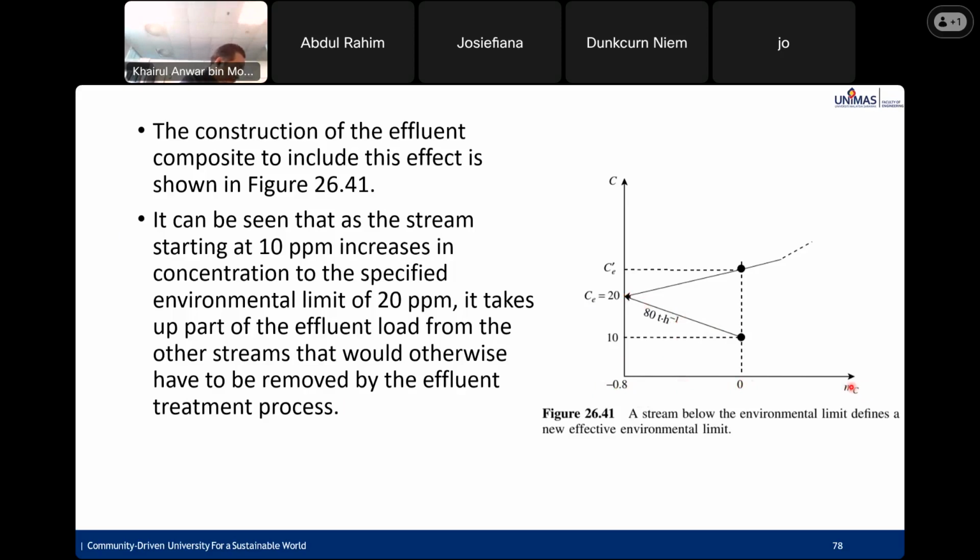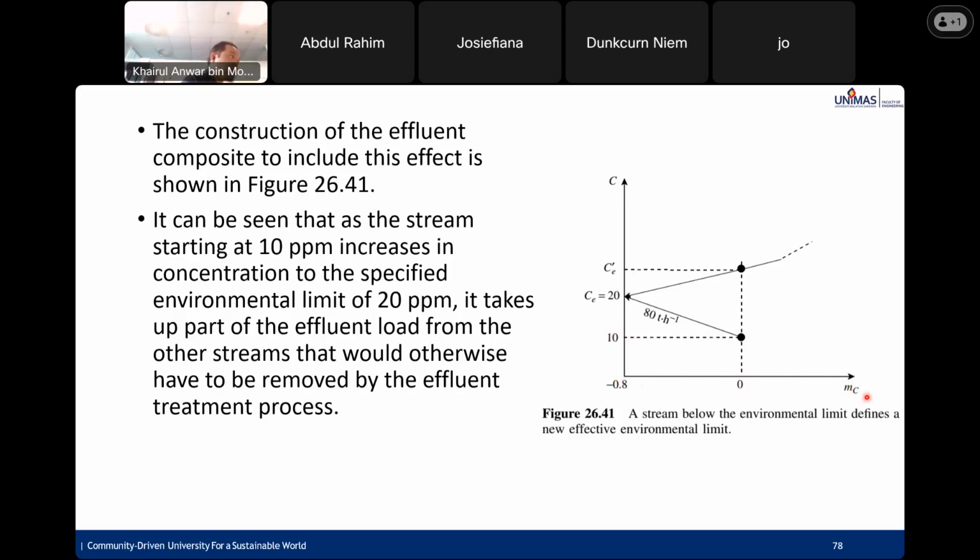MC, how to calculate it is 80 divided by 10 ppm, times 1000.